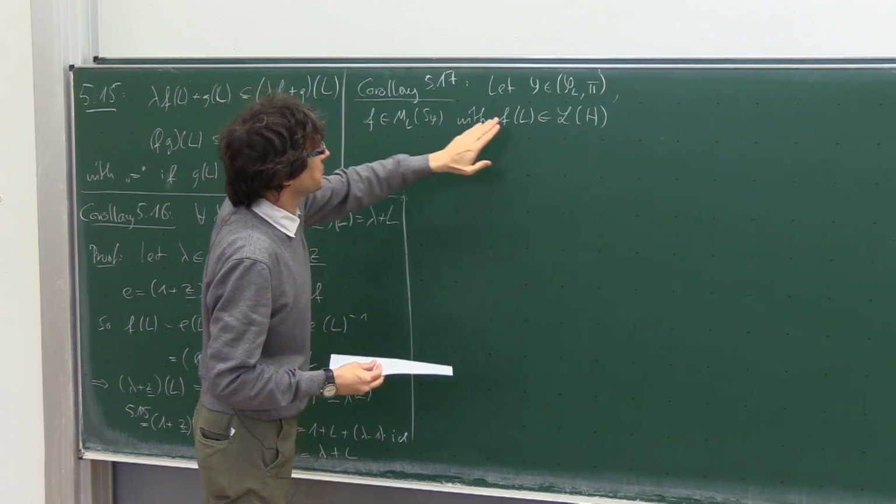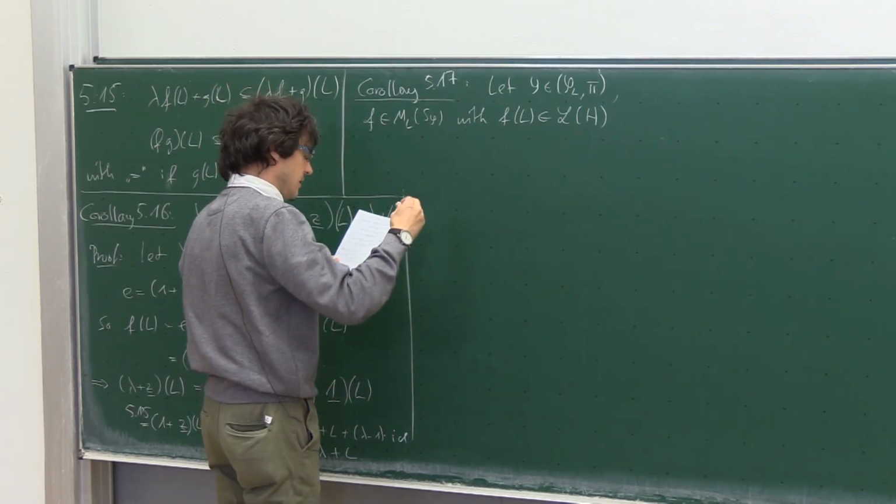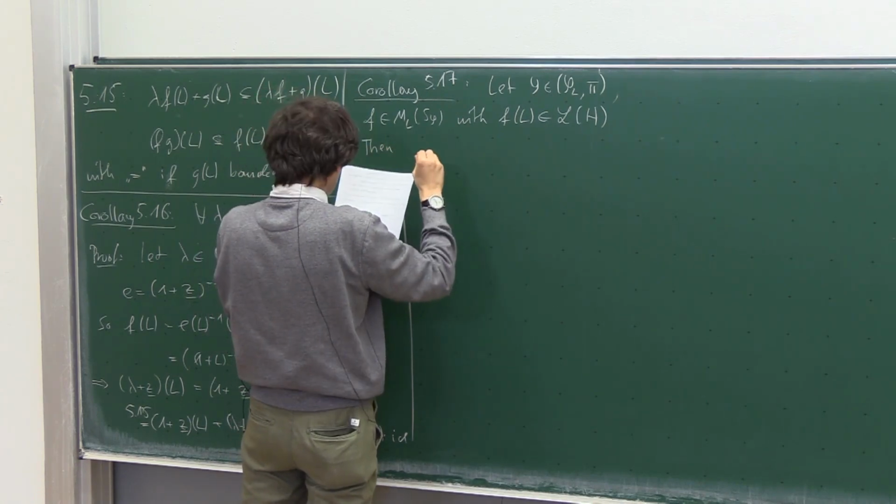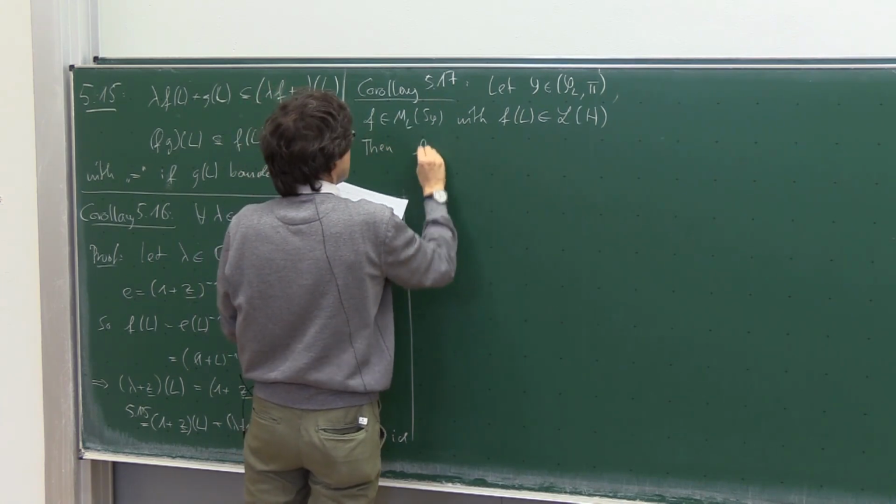But we have a regularizable function such that f of L is bounded, and I claim that then you have some sort of commutativity.